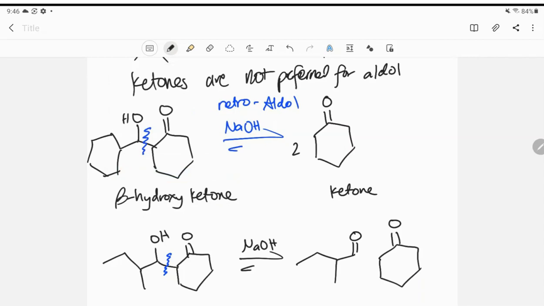Wait a second. I'm sorry, I've drawn too few carbons. We actually have our cyclohexane here. Let me make that a better cyclohexane as well, because obviously that other one would just come from an aldehyde, right? So we need another carbon here. There we go.